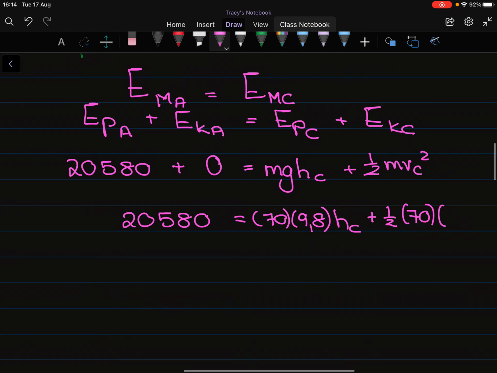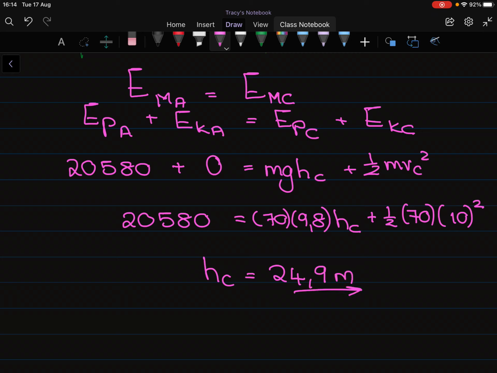V now is 10. You've done the hard work. Now it's just solving for h. That's all you need to do. So h is 24,9 meters. Okay, I'm going to leave the maths up to you and trust that you can do it. Getting to the maths is going to cost you 1 mark if you can't get to that final answer.